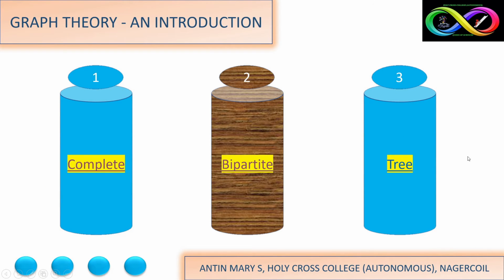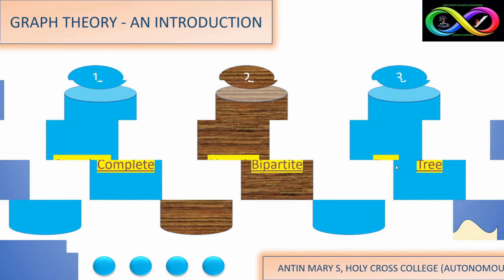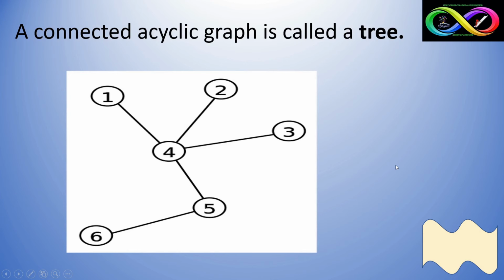So what's a tree now? A connected acyclic graph is called a tree. So here we are just looking into an example. Is it connected? Yes. In this example, we see the vertices and edges are connected.